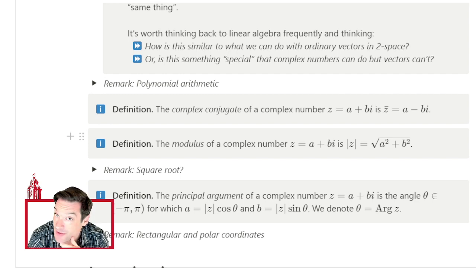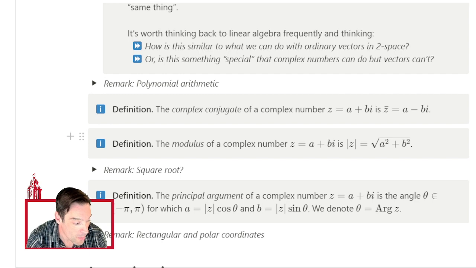The square root of a squared is not a, but it's in fact the absolute value of a, because the square root here is always going to give us a positive, or at least a non-negative, answer. And so we use the vertical bars for the modulus of a complex number because it's a generalization of taking the absolute value of a real number, in that the result is always a non-negative answer. And it also satisfies all the other properties that we would expect an absolute value-like thing to satisfy.